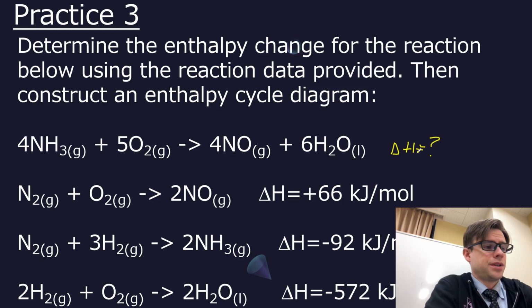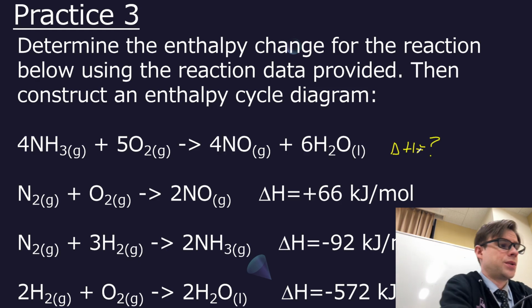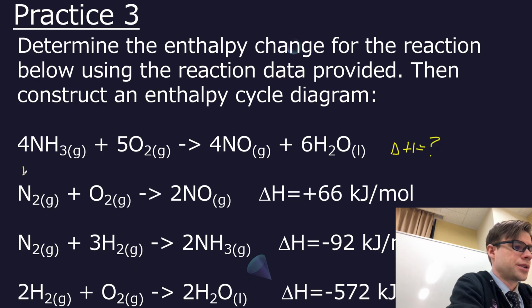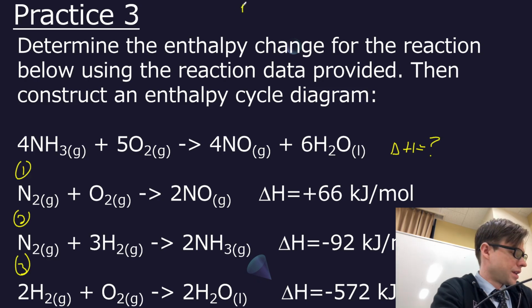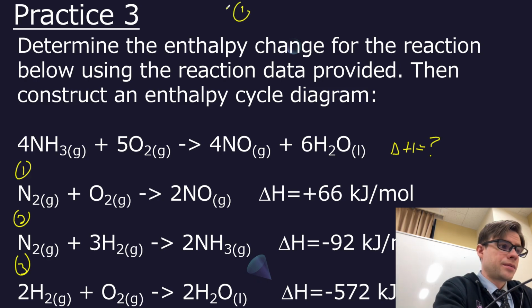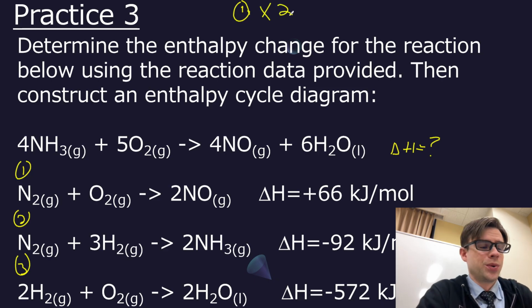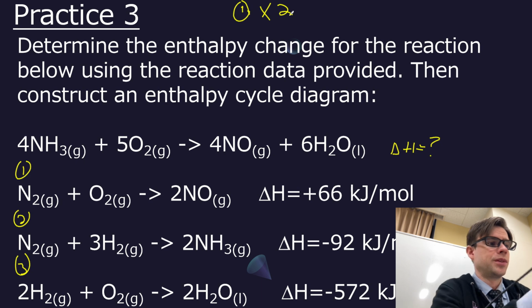So first, we'll just try the quickest method. If you would try to add equations 1, 2, and 3 together through some combinations and inversions, what could you do? Well, I would recommend you take equation 1 and double that, because we have 4 NO in the products of the target and 2 NO in the products of this one.